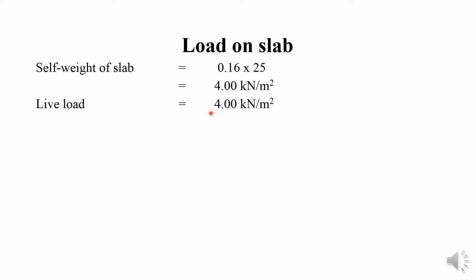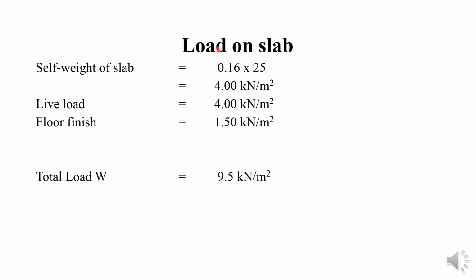Next, load on the slab. So we have to determine the load one by one. First of all, the self weight of the slab. Thickness of the slab we already found out, 160 mm. So 0.16 into 25 will give 4 kN per meter square. Next is the live load given in the problem as 4 kN per meter square. Floor finish we have to take as 1.50 kN per meter square.